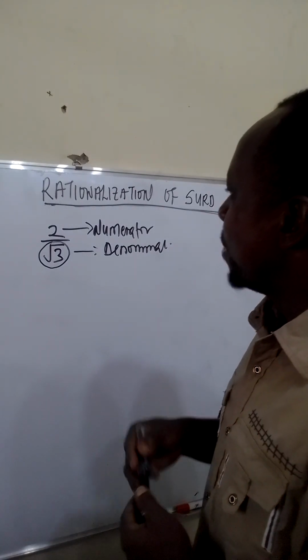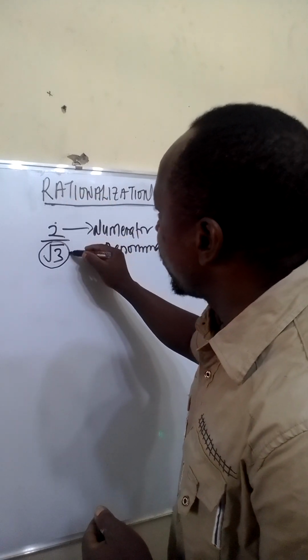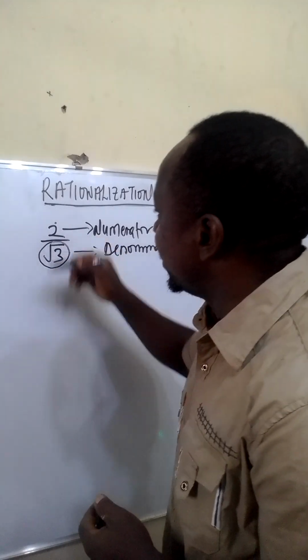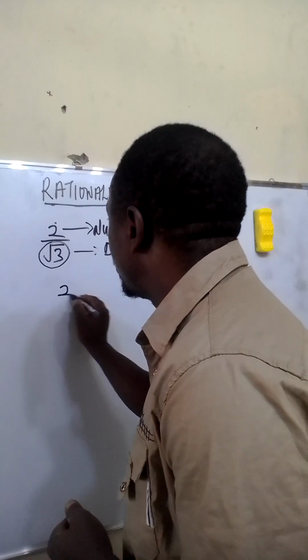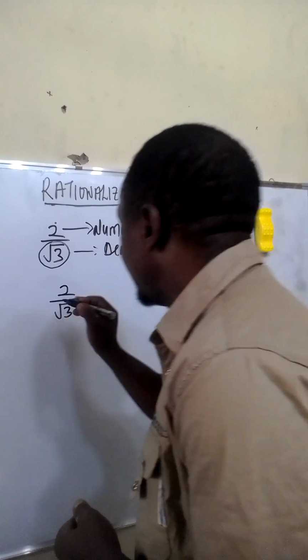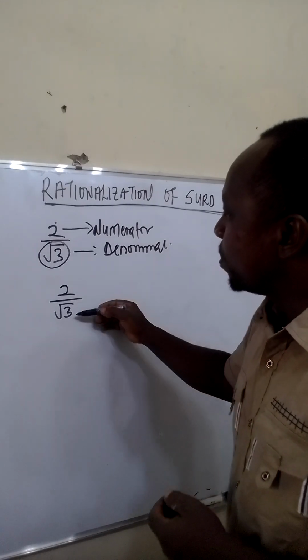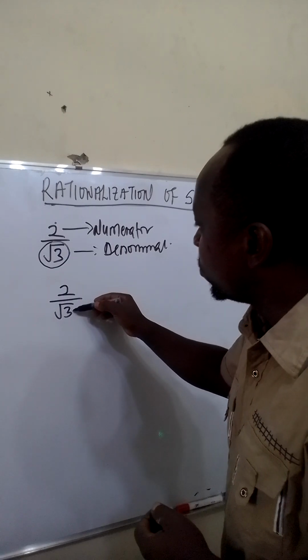This can be done by multiplying both the numerator and the denominator by a suitable surd in order to eliminate the surd in the denominator. For example, if we have 2 over root 3, we can rationalize this surd by multiplying the numerator by root 3 and the denominator by root 3.